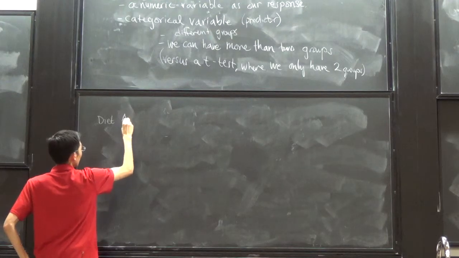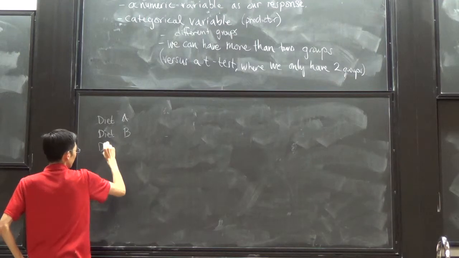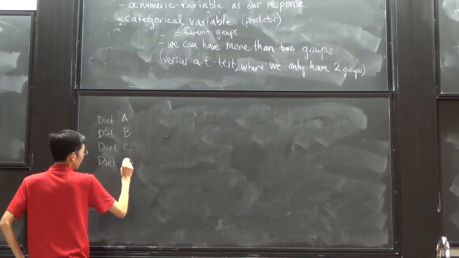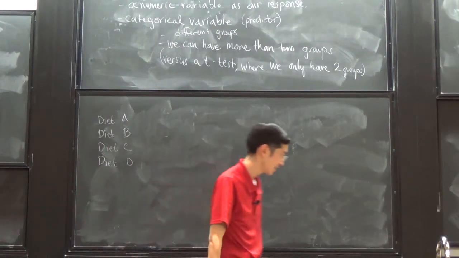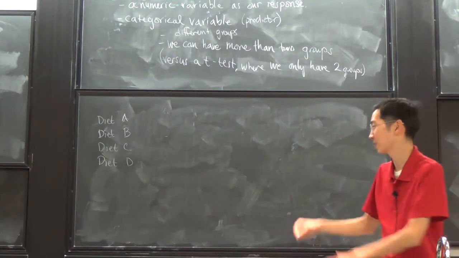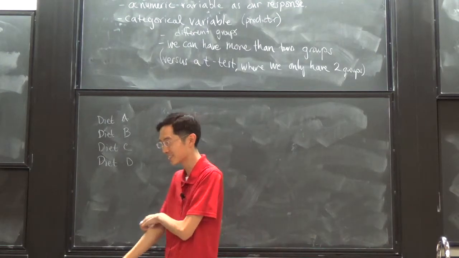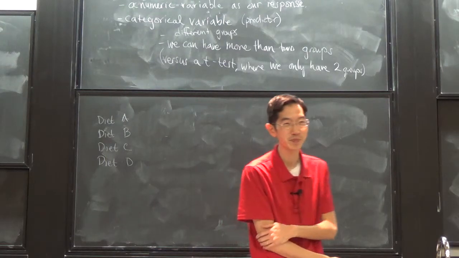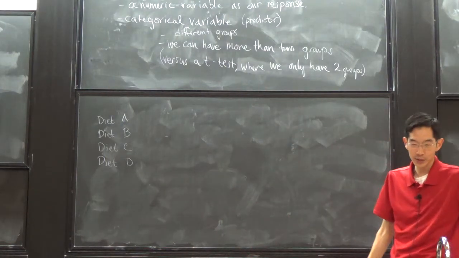So you have diet A, diet B, diet C, and diet D. Maybe diet A, they're getting canned dog food and kibble, and diet B is kibble only, and C is some other brand, whatever. We can have different groups here.